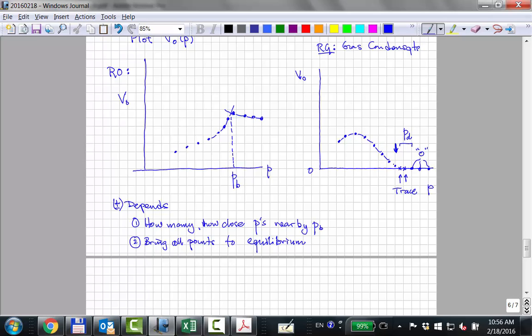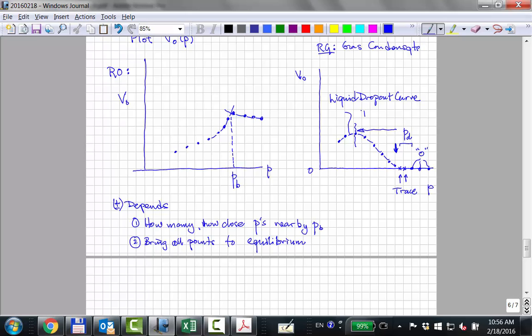This curve here is what we refer to as the liquid dropout curve, because liquid is dropping out of the gas. Kind of in this range here, what do we have going on?